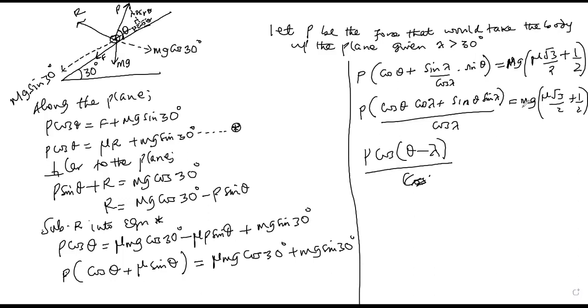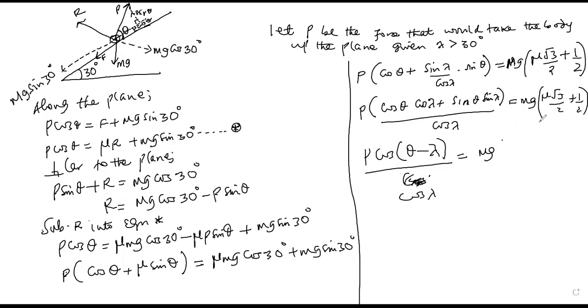So I can say P cos theta minus lambda, let me leave this one as cos lambda here, is equal to mg. I can bring in mu here also.